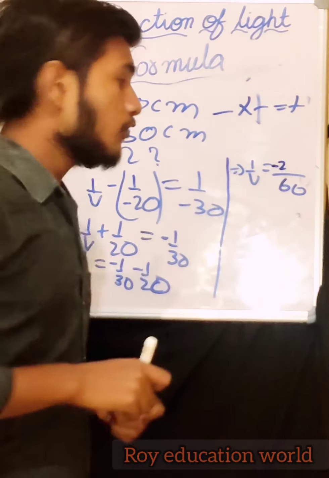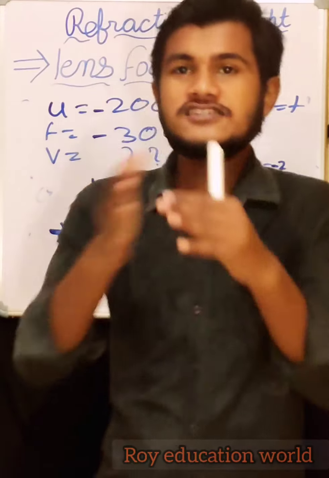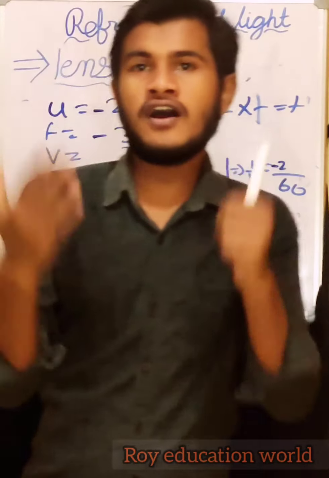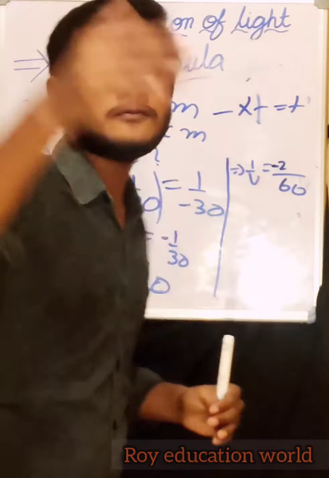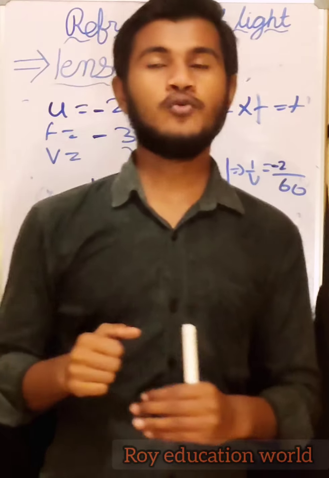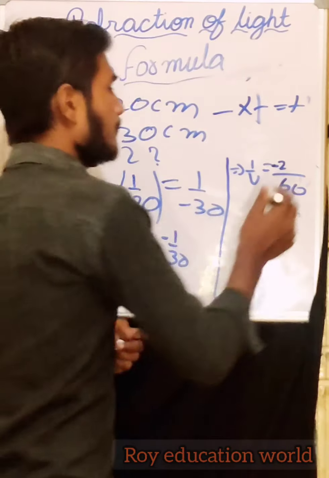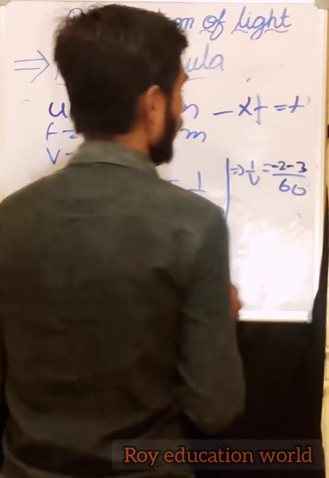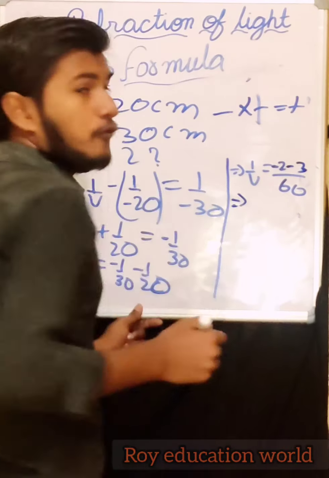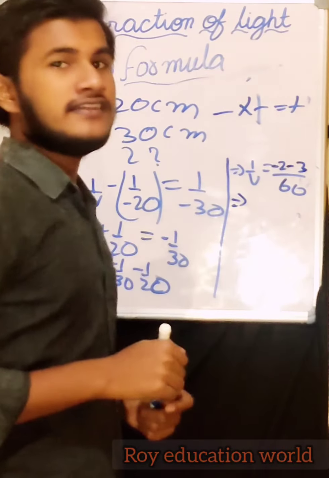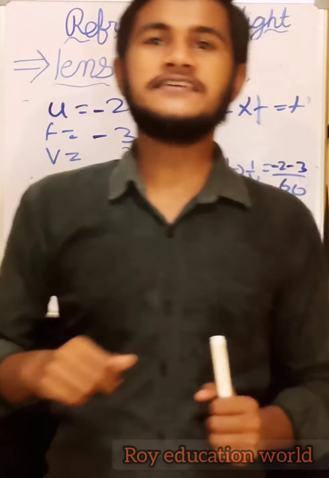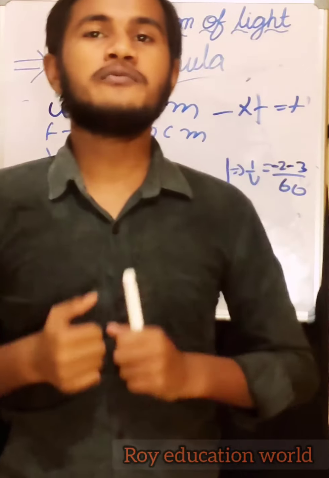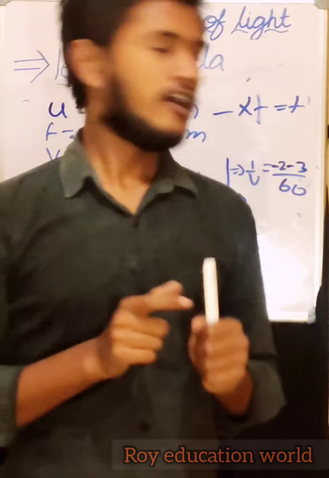And when we divide 60 by 20, we get 3, and by multiplying with the numerator we get minus 3. Whenever there are two values in negative, the values are going to be added.